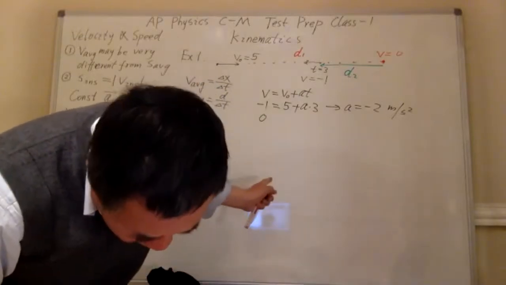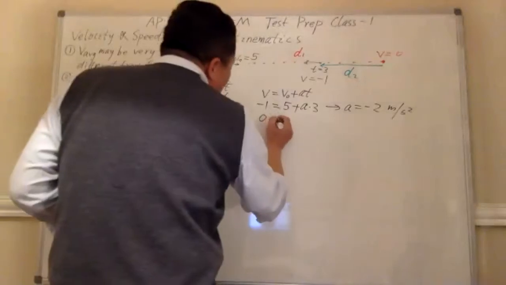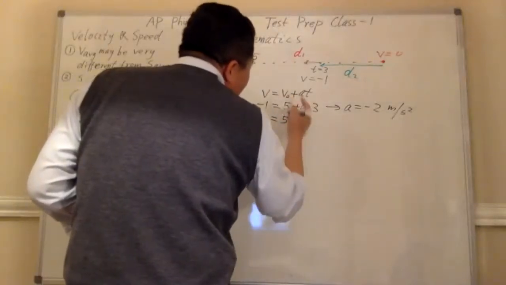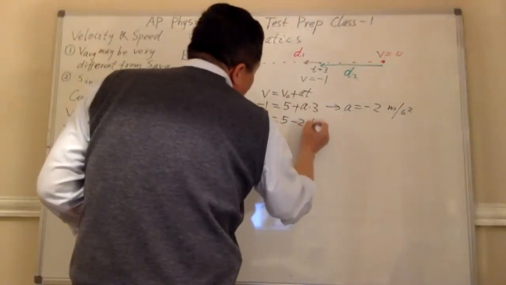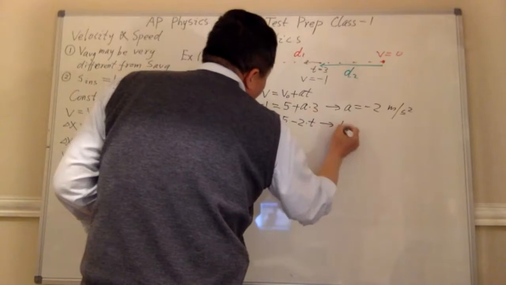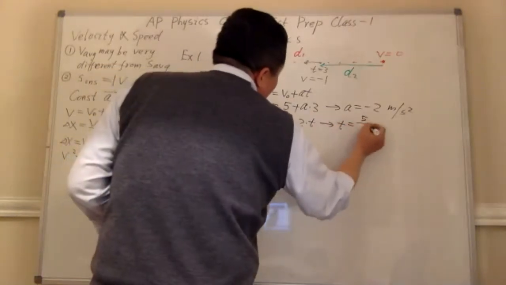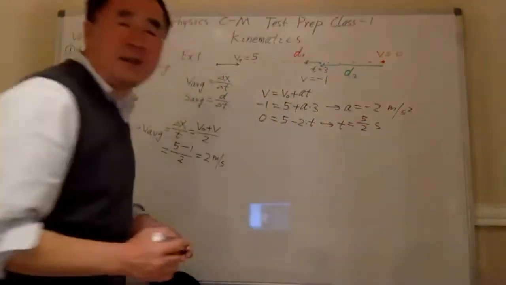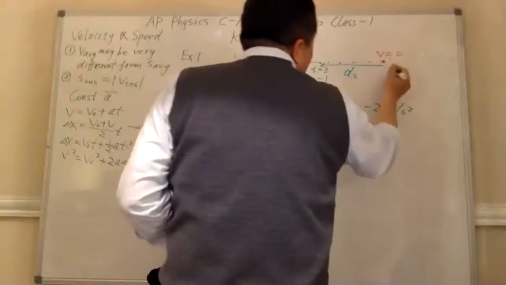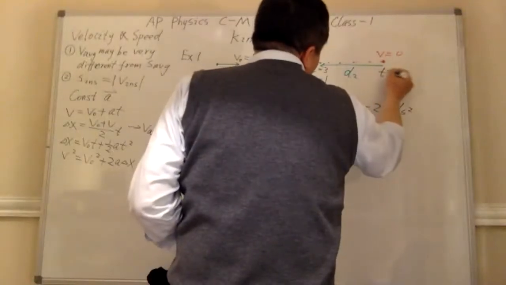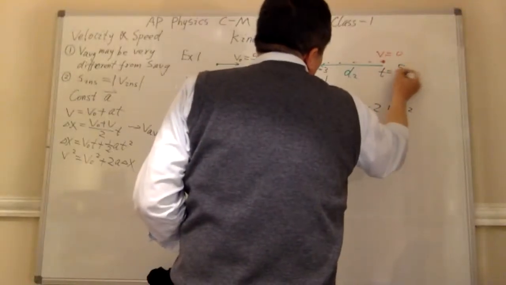I put in 0, so 0 equals v naught, which is 5, plus a, which I already know is -2, times t. Then immediately I know t equals 5/2 seconds. So at this point, t equals 5/2 seconds.